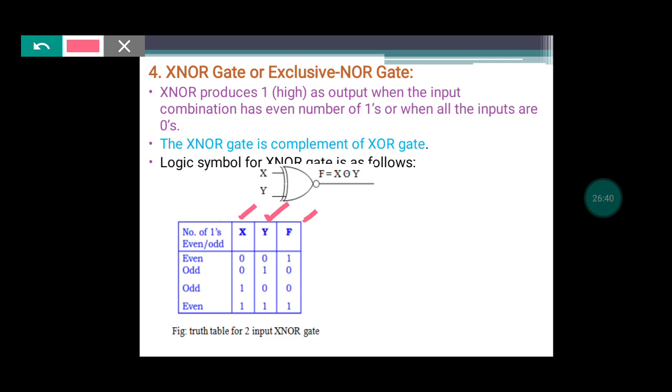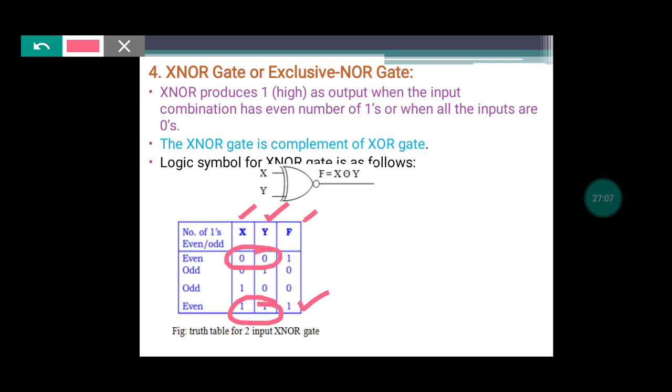Where are the even number of ones? This one. Here X is 1, Y is 1, means the input signal 1 has appeared how many times? 2 times. That is an even number of times. So that time what is the output? Output is 1. Or when all the inputs are zeros. See the first row, X is 0 and Y is 0 here.